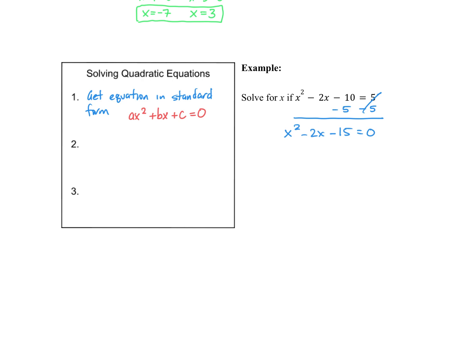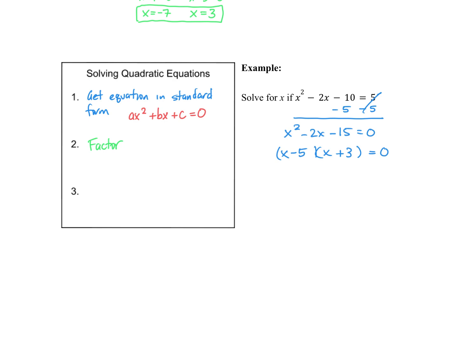This is standard form. Step 2, factor. So this is a regular trinomial. I need two sets of parentheses, and I need to know what multiplies to negative 15 and adds to negative 2: negative 5 and positive 3.